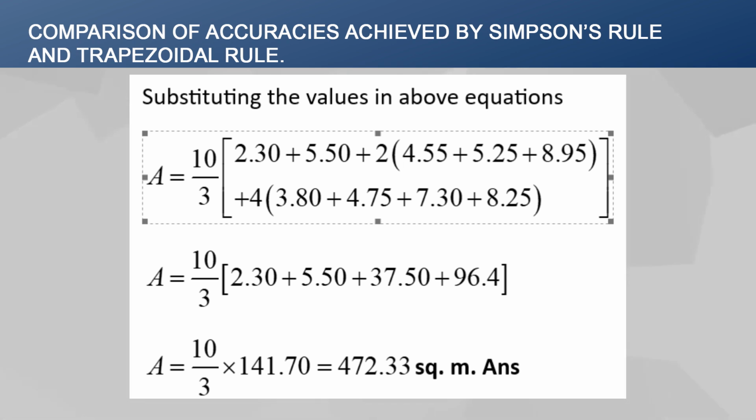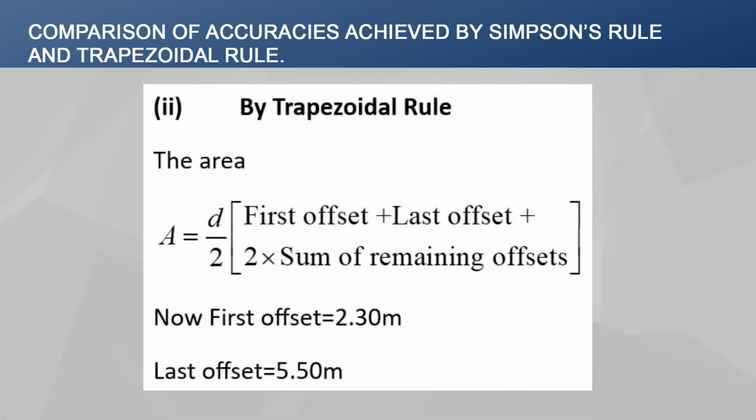When we simplify this equation, we will get A is equal to 10 by 3 multiplied by, in the bracket, 2.3 plus 5.5 plus 37.5 plus 96.4. So, after the calculation, we will get area as 472.33 square meter.